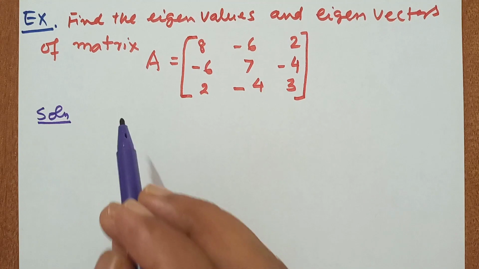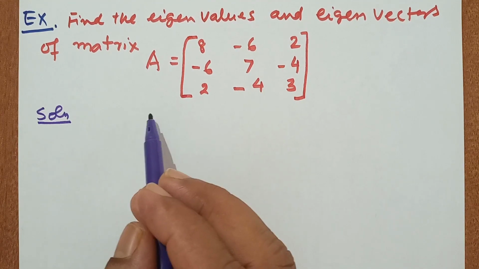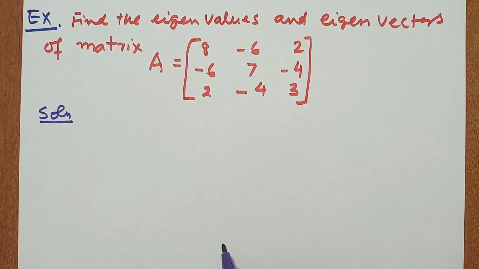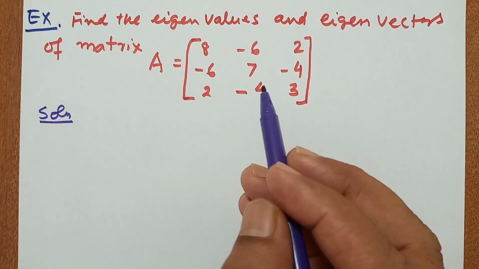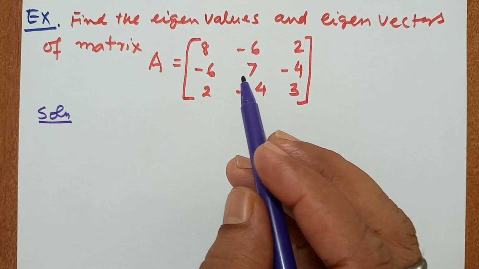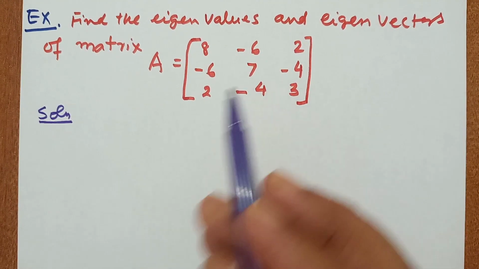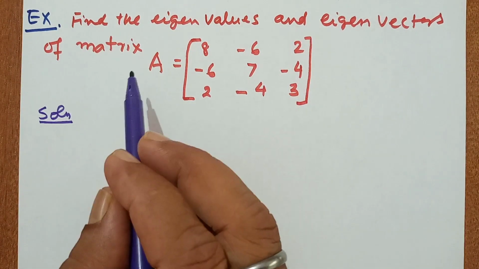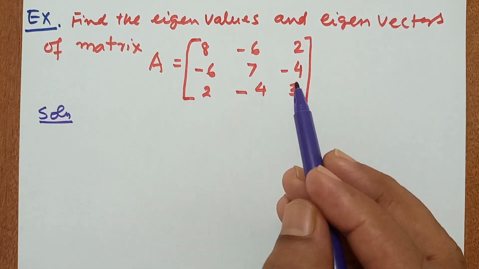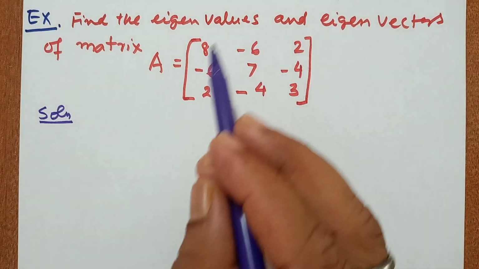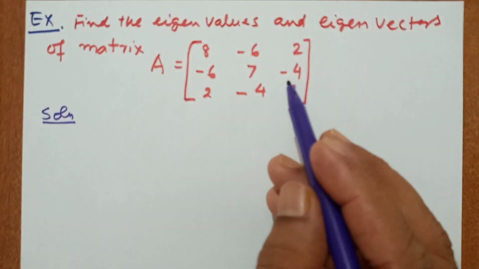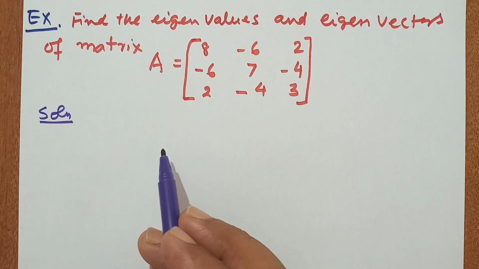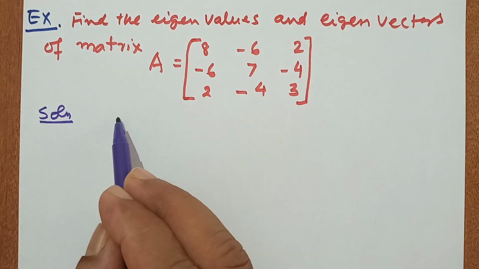Find the eigenvalues and eigenvectors of matrix A equal to this. This is a square matrix of order 3. First we obtain the characteristic equation.